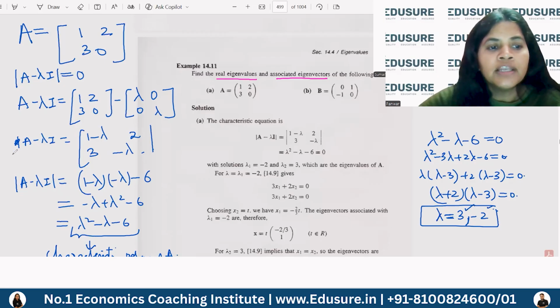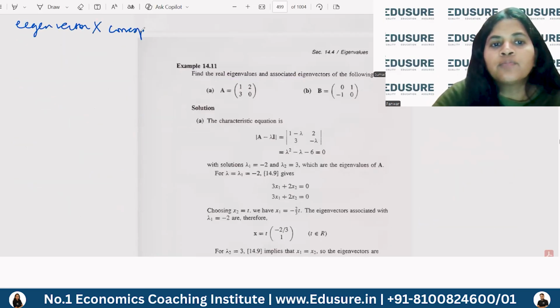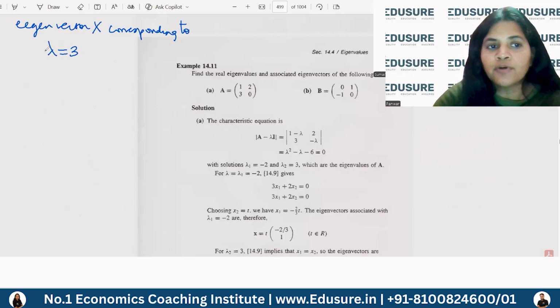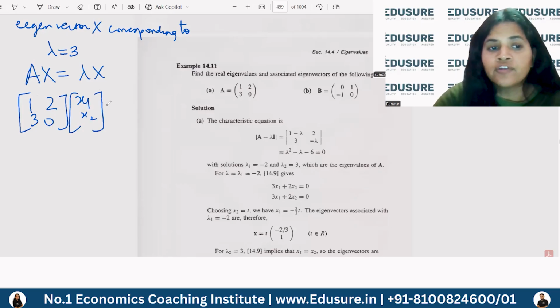So now let us try to find an eigenvector. Let me find the eigenvector x corresponding to lambda equals 3. What I should have is Ax equals lambda x. So what is my A? 1, 2, 3, 0. What is my x? Let it be x1, x2, a non-zero vector.